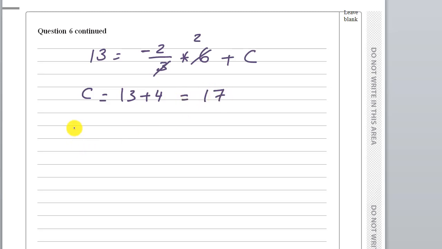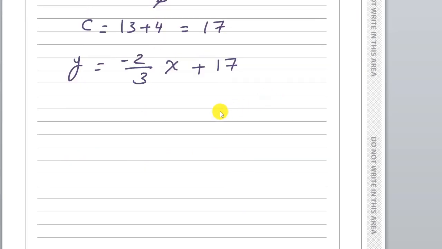So the equation of the line is y equal to minus 2 over 3 x plus 17. So let us multiply by 3. So 3y equal to minus 2x plus 51.